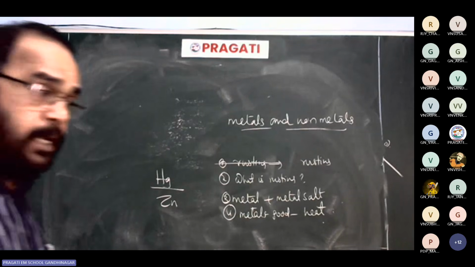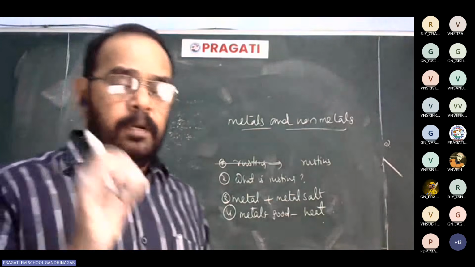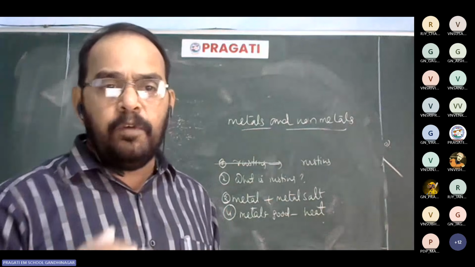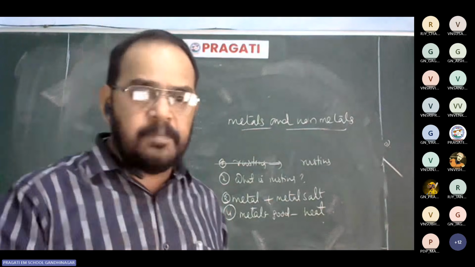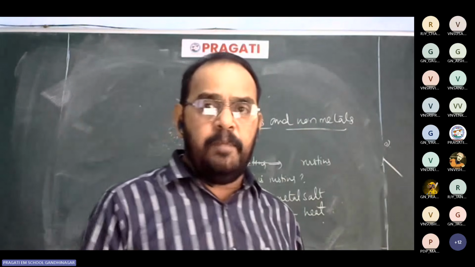Next question: which metal produces hydrogen with nitric acid? It is in our textbook. Those who are reading the textbook, at the beginning of the metals and non-metals chapter some assumptions are given. Read those once, this question is very important.